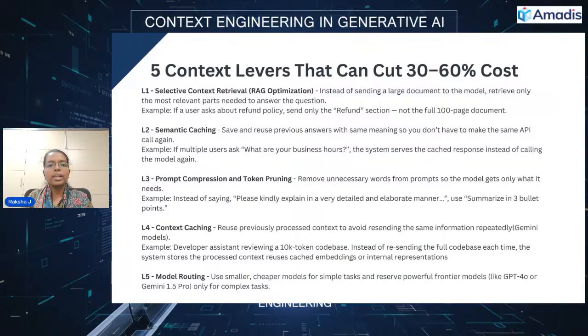It doesn't call your LLM. So 30% or more of the cost will be reduced because the tokens were not given to the LLM. This is one of the main advantages of semantic caching.